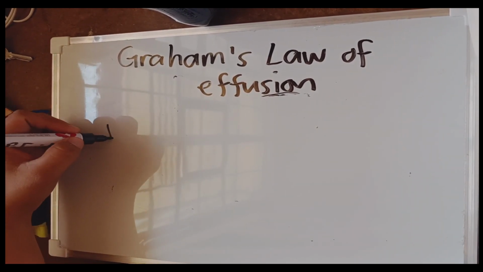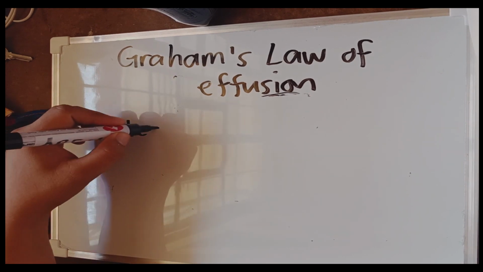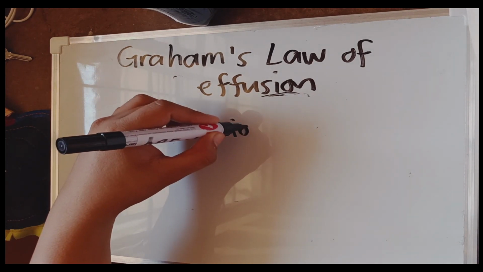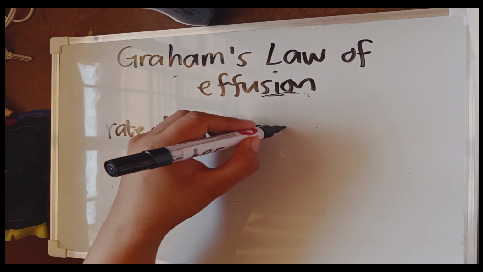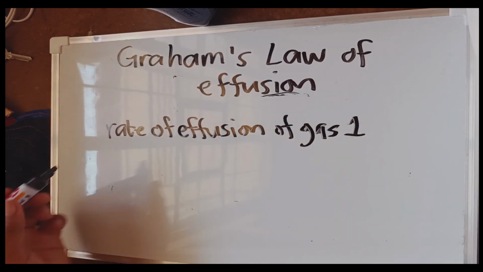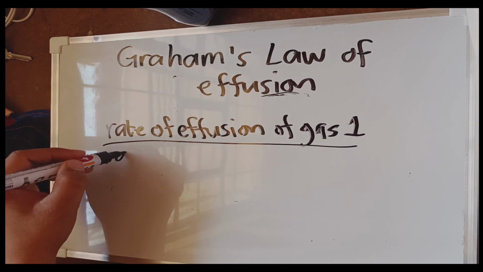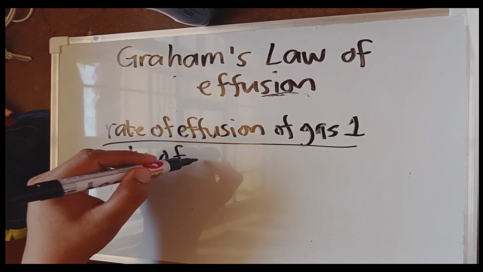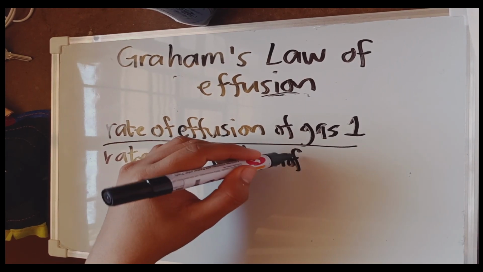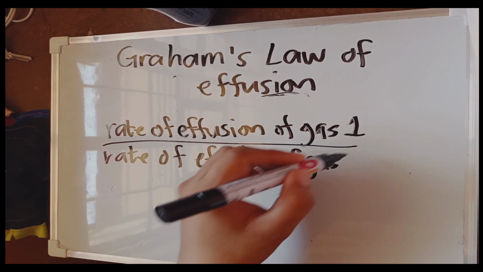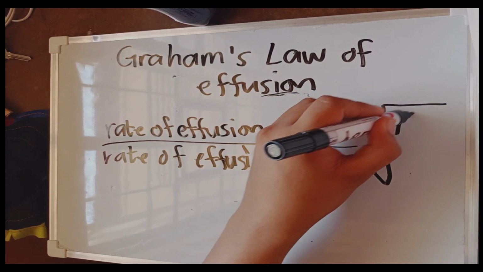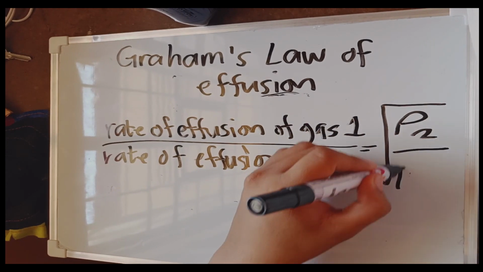So rate of effusion, in other words, I'm going to write it here. Rate of effusion of gas 1 over rate of effusion of gas 2 is equal to the square root of density 2 over density 1.